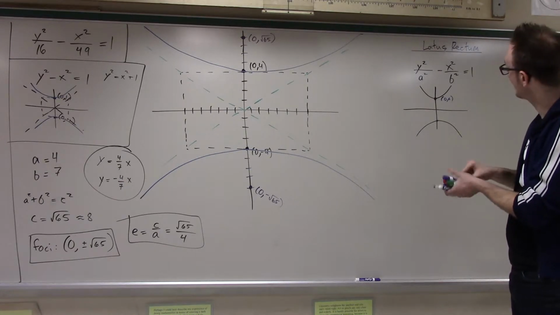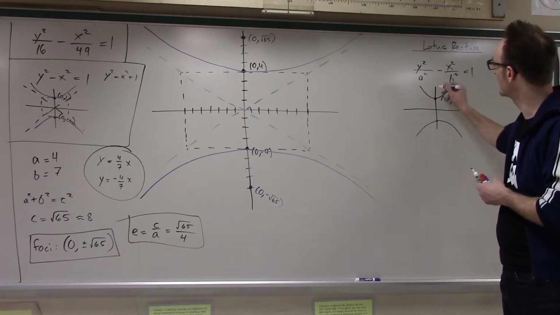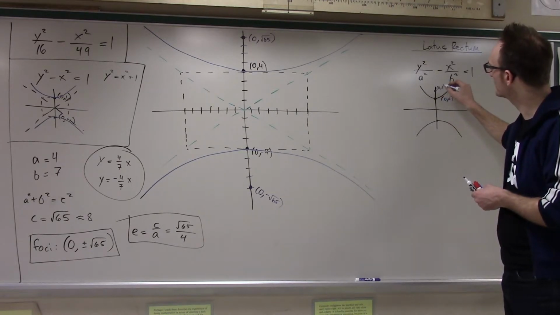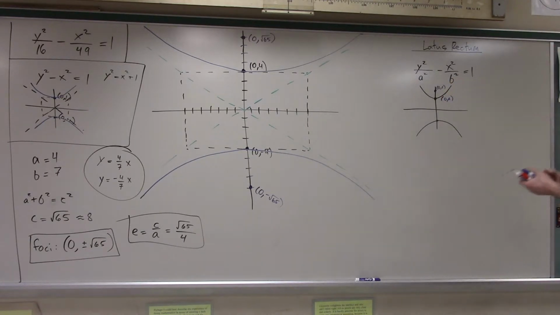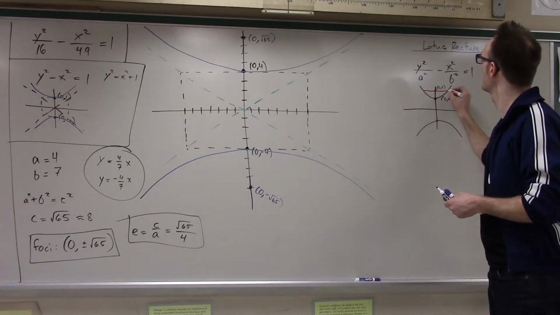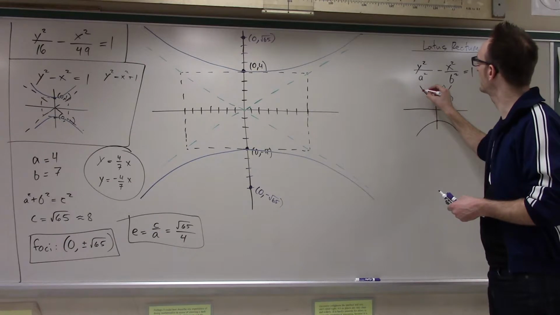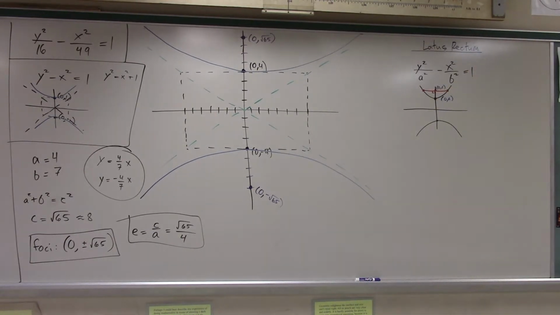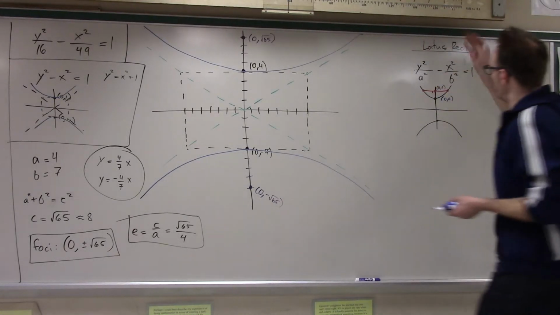And then what I have over here somewhere is a focus. And this focus is 0, c. And what is the latus rectum? It's this chord of the hyperbola, I hope that's visible, which goes through the focus and is perpendicular to the transverse axis. Or the line through the foci.